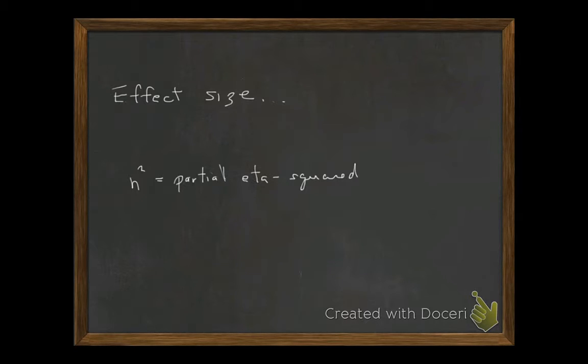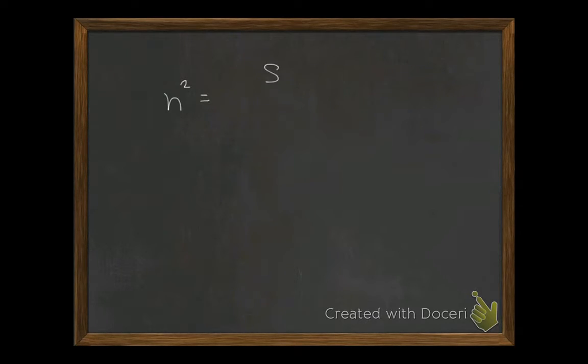And partial eta squared is just the sum of squares for the effect over the sum of squares for the effect plus the sum of squares for the residual. And we're going to want to create this for both. So again, this eta squared is the sum of squares for the effect over the sum of squares for the effect plus the sum of squares for the residual.